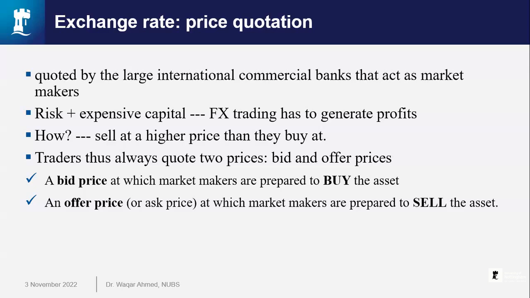Their trading strategy is very simple, and kind of universal: sell at a higher price and buy at a lower price. So the amount they'll pay you to buy currency will be lower than the amount at which they're going to sell the currency to you.